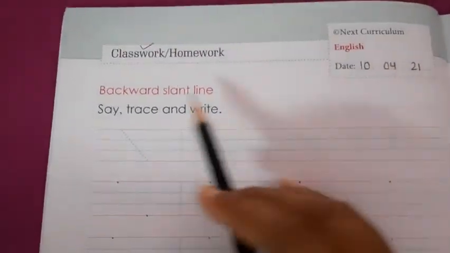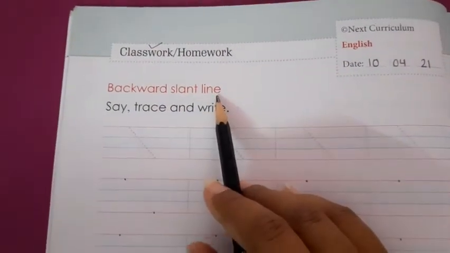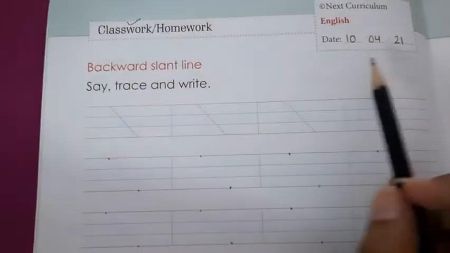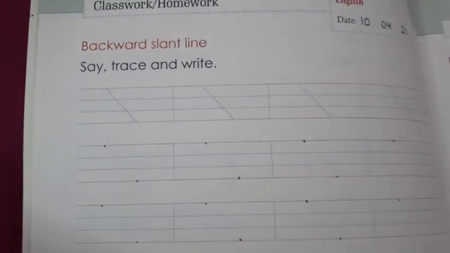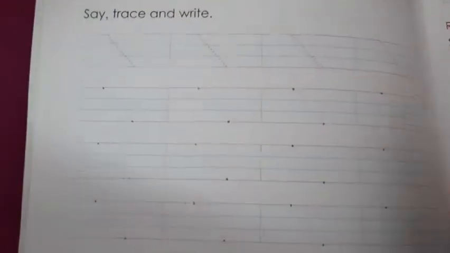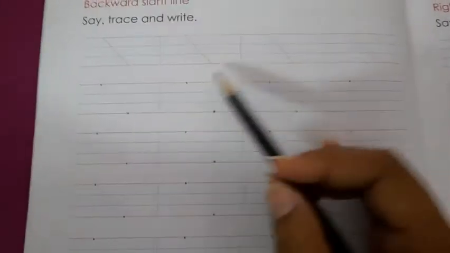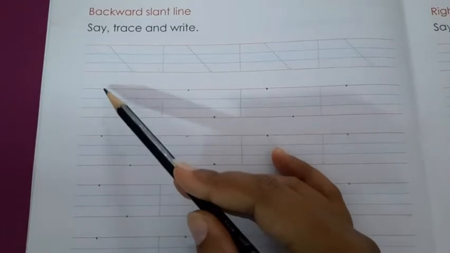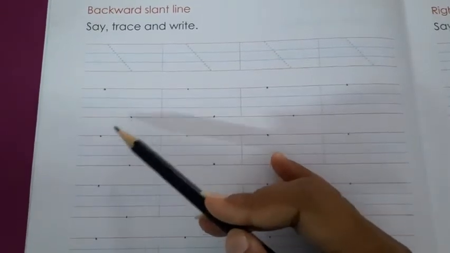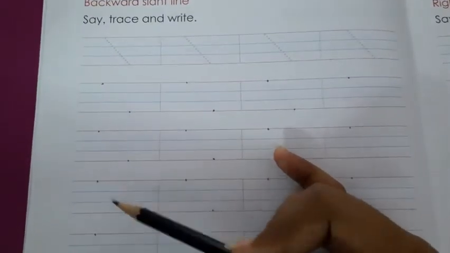Here we are going to do practice of backward slant line. Please put a tick on classwork and mention today's date over here. Here also ma'am has mentioned dots for your comfort. Ask your mama papa to put dots from red line to red line for making backward slant line.